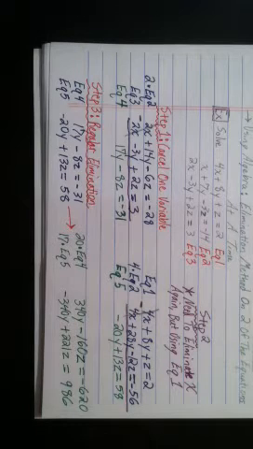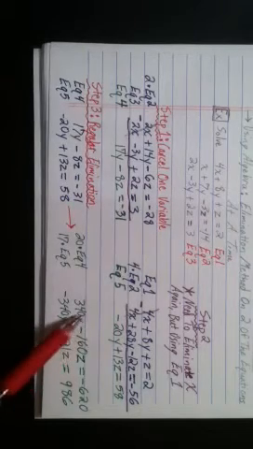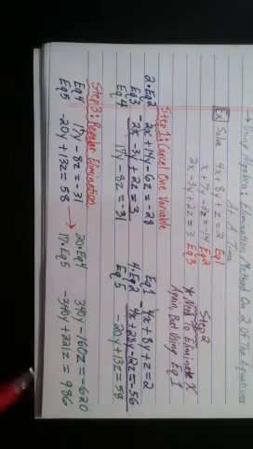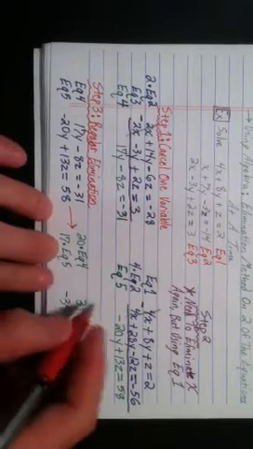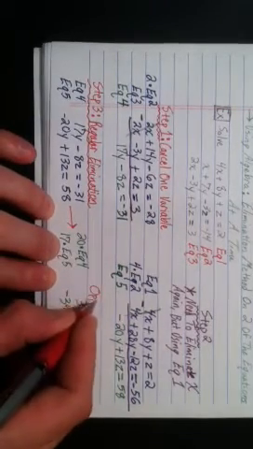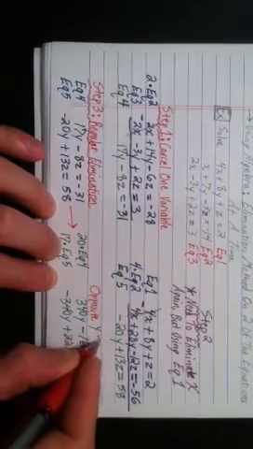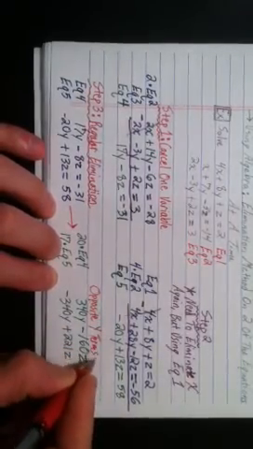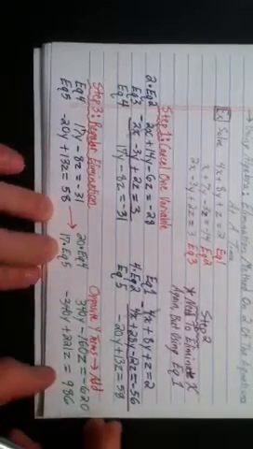Now in this elimination, the y's we're trying to cancel have opposite signs. So we don't subtract when they're opposite signs, we add to cancel. So we have opposite y terms, so here we want to add.